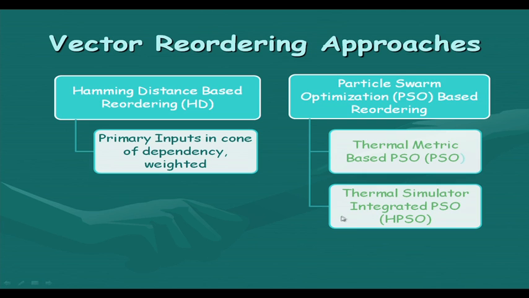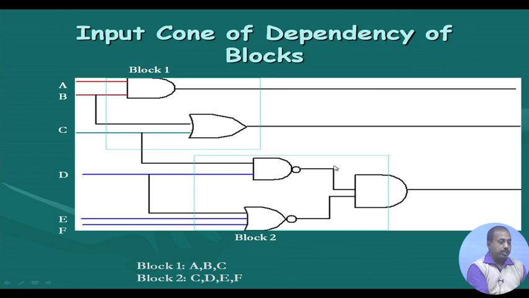Naturally, the results will be best when we have the thermal simulator integrated into the optimization process, but the computation time will be more. So, that may not be feasible in many cases. On the other hand, for the thermal metric based PSO, some metric will be utilized that is expected to reduce the temperature.